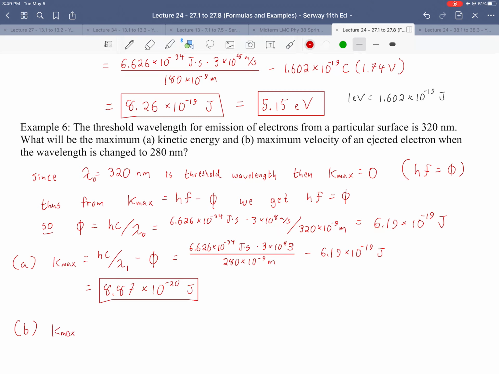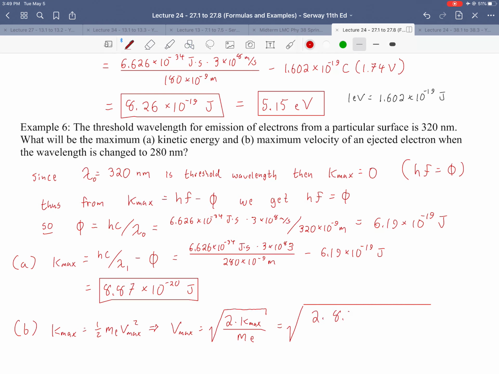So then we'd have K max equals 1/2 mass of the electron, V max squared. So then go ahead and solve for V max. And we obviously will have to square root both sides. And so we're going to have 2 times K max divided by the mass of the electron.